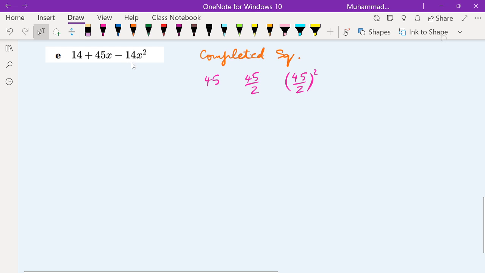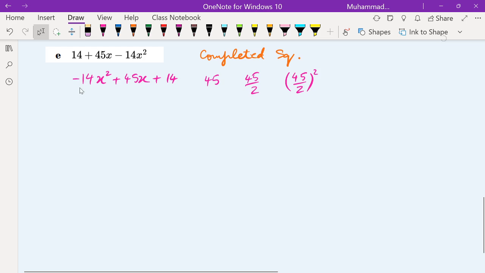So what you need to do actually is, instead of adding and subtracting, try to write it directly in a whole square form. Now what I would have liked you to do here is to rearrange it a little bit, putting the quadratic term first, then the linear, and then the constant term like this. That will give you a good idea whether the quadratic coefficient is 1 or not.